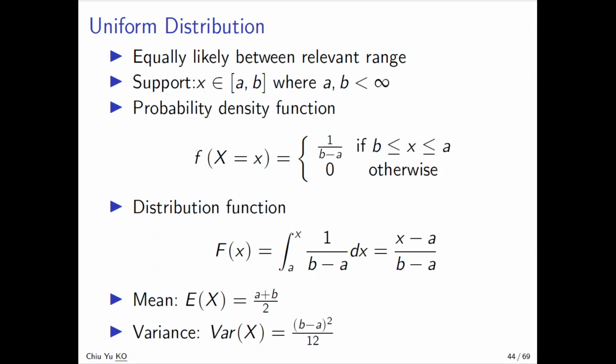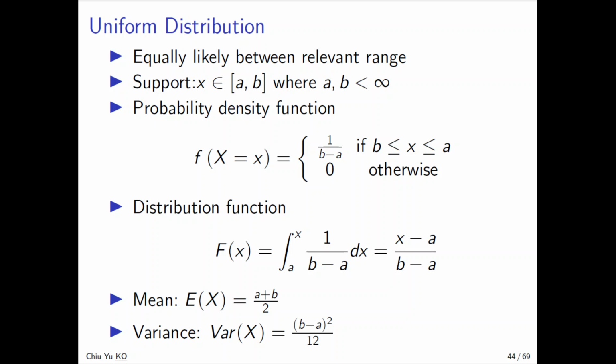This is a rectangle, so the area under the curve is the rectangle. The height is 1 over b minus a and the length is b minus a, because it's between a and b. So the rectangle will give you 1. That is the idea of why you have this, okay?